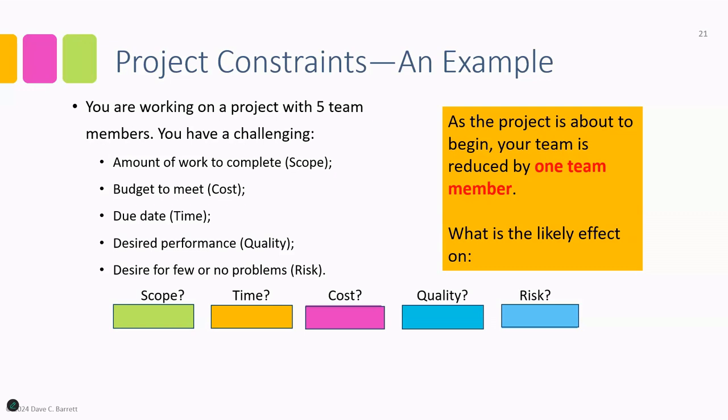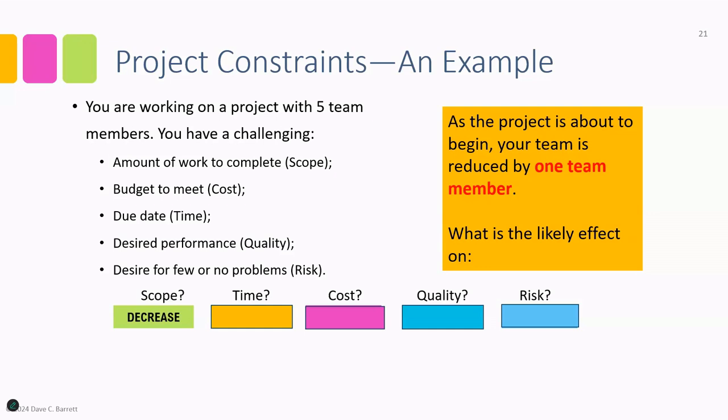But if that's all maxed out, the effect will be directionally that we can deliver less scope, assuming that we want it at the same cost, the same level of quality, and the same desire for low risk, right? So if you freeze those other 4, your scope will tend to decrease, right? That's what constraints tell you.